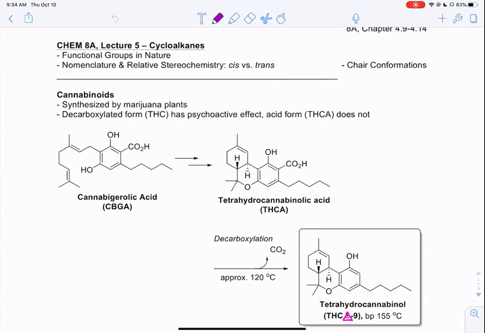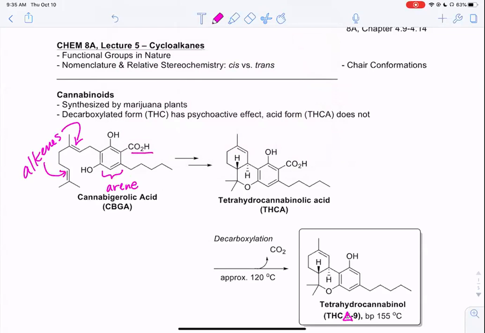So this is just an example to bring back functional groups, a couple of different concepts that we've seen. You may notice that this is cannabigerolic acid. This is the precursor to all of the cannabinoids, whether it's CBD or THC, and it has two alkenes. It has a nice big arene, this stuff in here.